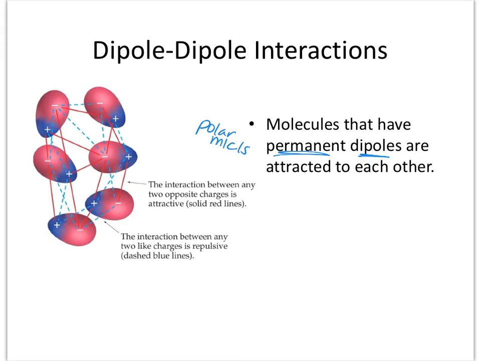So in this diagram, the solid red lines would be attractive forces between oppositely charged ends of molecules, and the blue dotted lines would be repulsive forces between those ends of the molecule. So they're going to orient themselves so that opposites attract. Basically, if you took a box of magnets and shook them together.